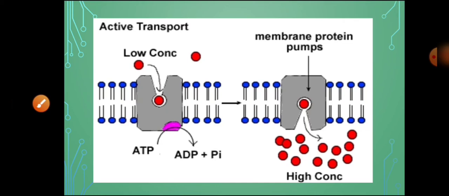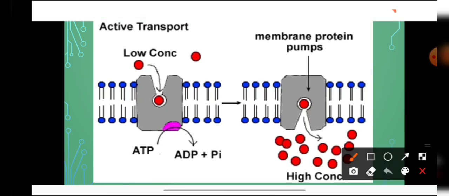Now students, how does active transport work? We all know that active transport involves the participation of carrier proteins, and it also needs energy in the form of ATP. First, the carrier proteins will combine with the molecule or the substance which is to be transported within the cell.